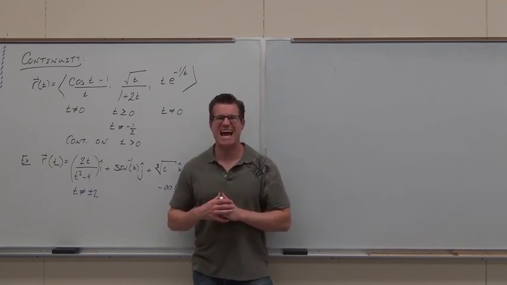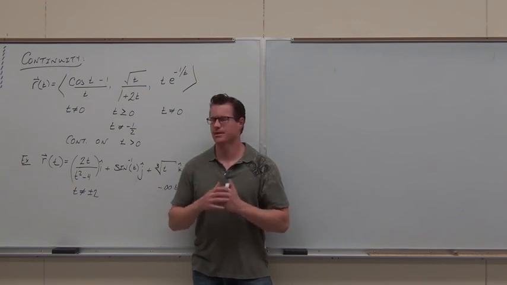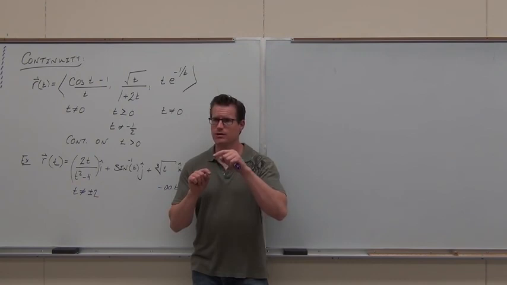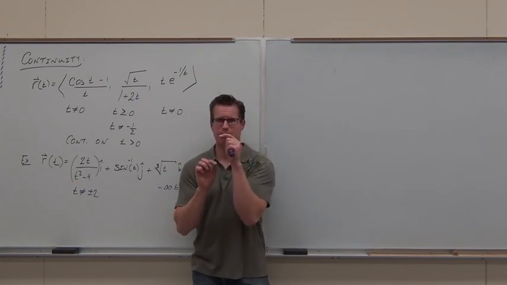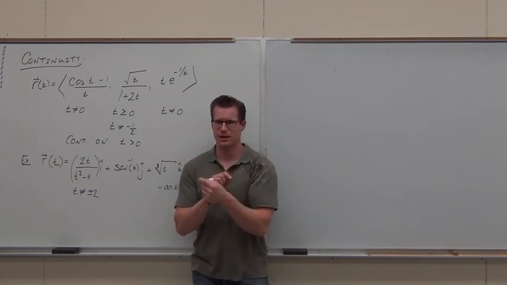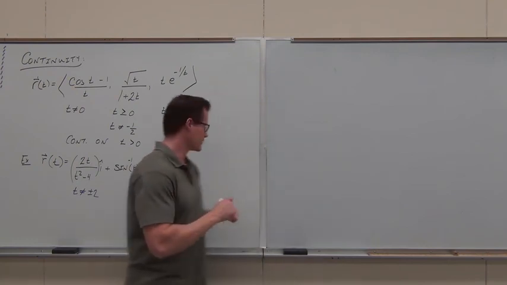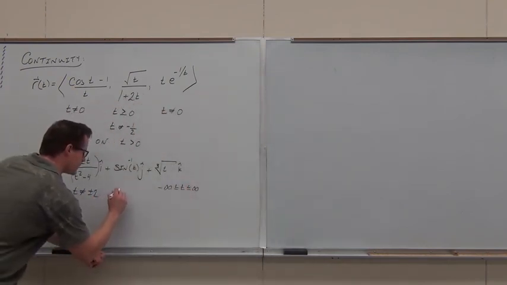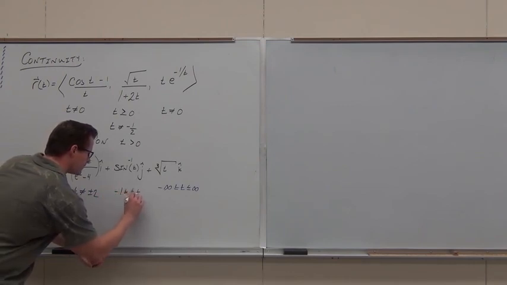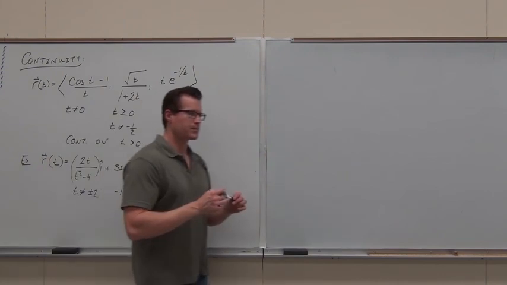If I can get out negative 1 to 1 from sine, I'm getting my inverses confused. If I can get out negative 1 to 1 for my sine, that's what I get to plug in for my sine inverse. So the only place it's even defined is if I get negative 1 to 1.